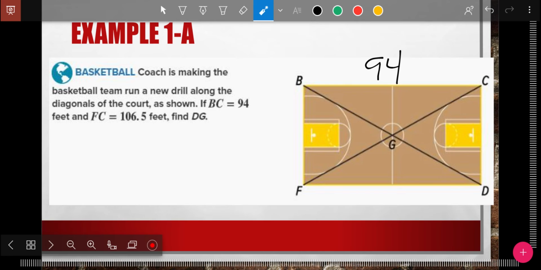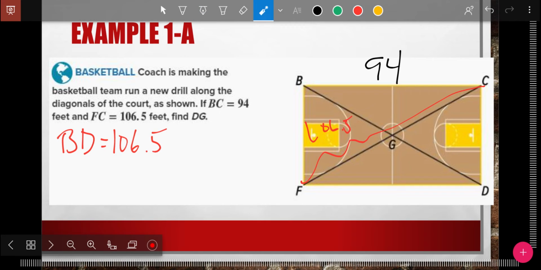It also tells us, and I want to switch colors here, maybe I should use red, FC, this whole thing, is 106.5. The first thing I need to know is that because it's a rectangle, diagonals are congruent. So if FC is 106.5, BD is 106.5.